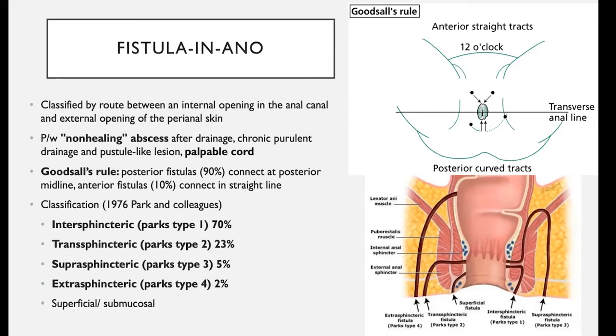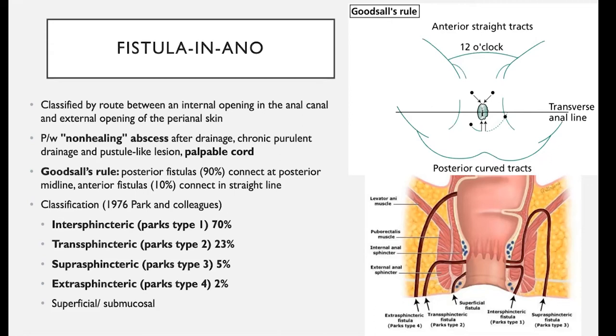Typically, patients will either present with chronic purulent drainage or have recurrent abscesses. On exam, you can see the external opening, typically looking like a pustule-like lesion on the external skin. Sometimes you can have a palpable cord if the tract is superficial.